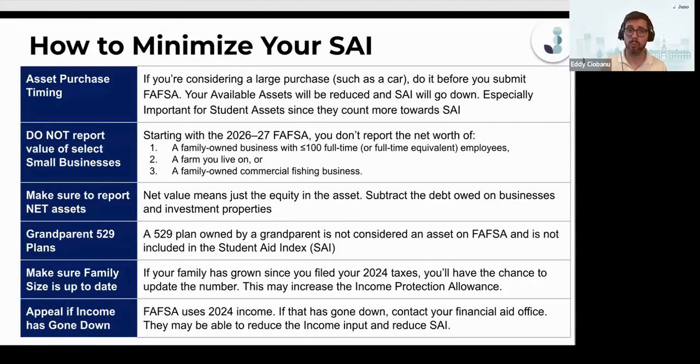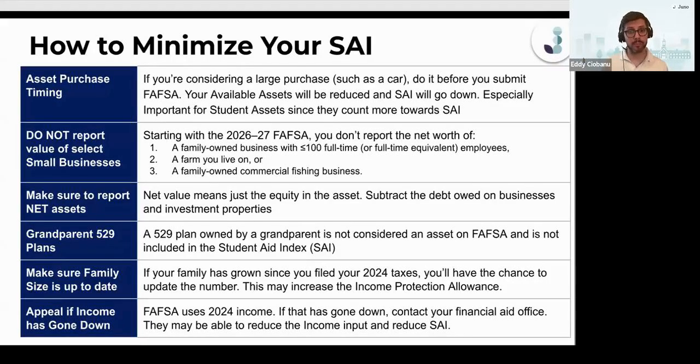So you would only report $100,000, not the $300,000. Again, that's going to play a larger role as well in determining your total asset amount and then how your SAI gets calculated based on that. Because if you do just report the overall value, if you look at Zillow and you report $300,000, then you're overinflating the assets that you're actually required to report.